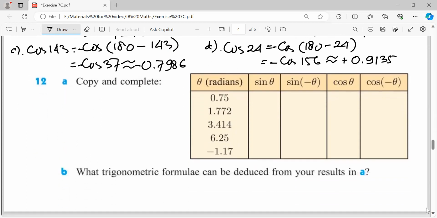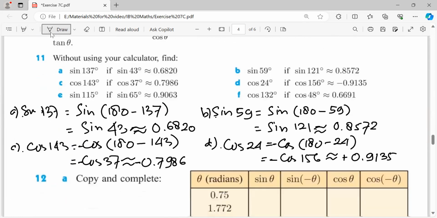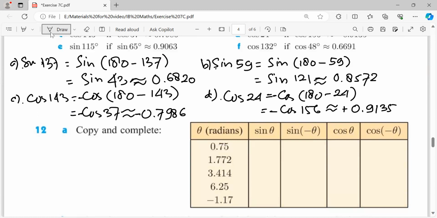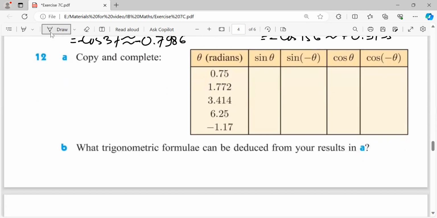Next, copy and complete. Number 12. Sorry, for number 11, E and F, you can find with yourself. Okay. Now we move to number 12. We have to convert radians first.